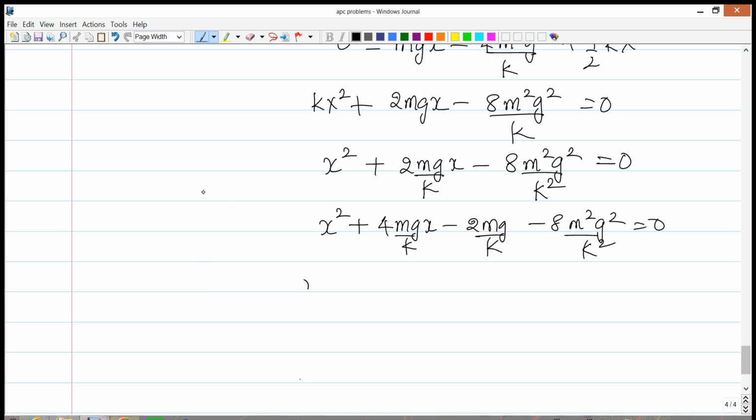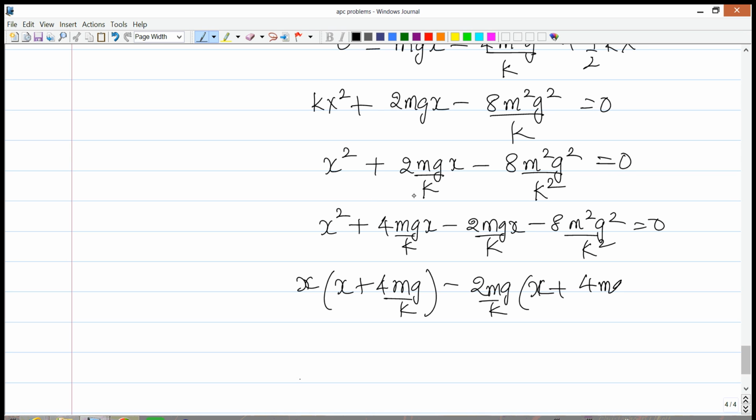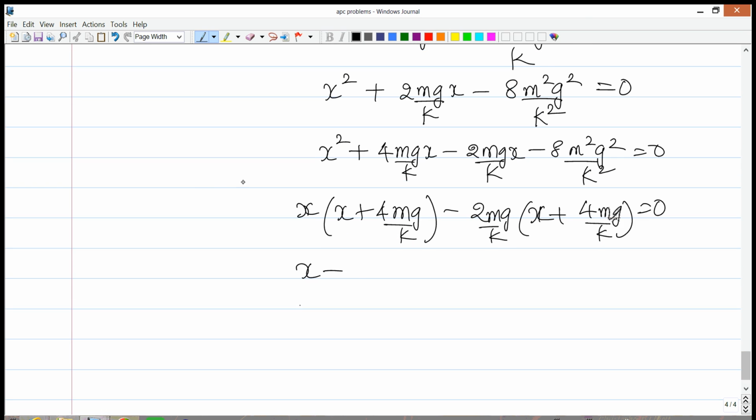Now I can factor the x out, so I get x times (x plus 4 mg over k) minus 2 mg over k times (x plus 4 mg over k) equal to 0. And at this point we can factor this as (x minus 2 mg over k) times (x plus 4 mg over k) equal to 0.